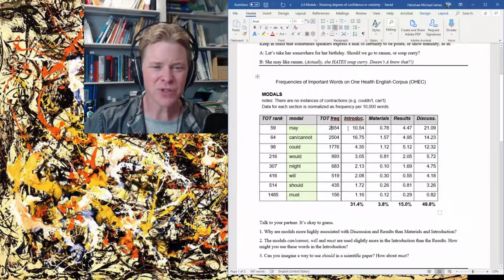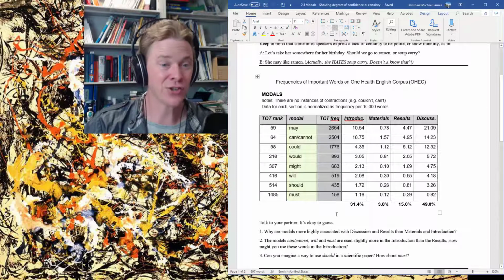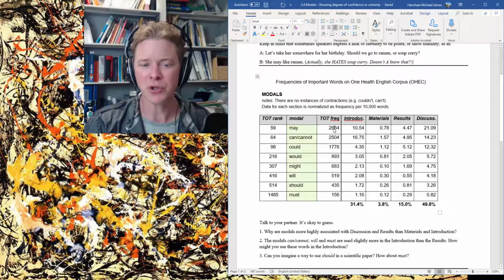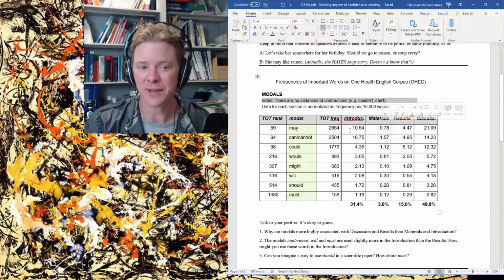It's a little bit confusing, this data, but total frequency is certainly easy to understand. In all of my data, we have 2,654 occurrences of the word may. And the words can and cannot are bundled here because there is no example of couldn't or can't.